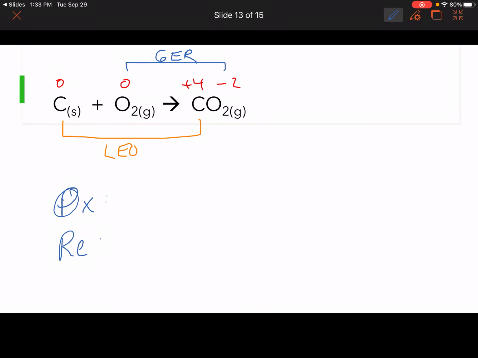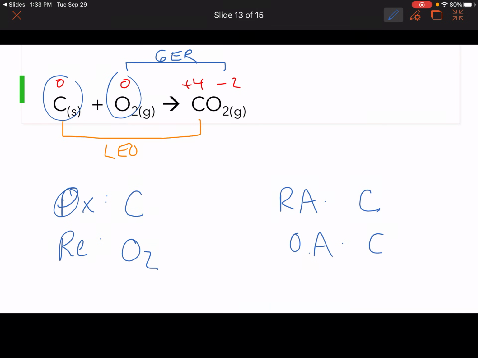What is reduced? Reducing agent, oxidizing agent. So what was oxidized is the carbon. That's here. What was reduced is the oxygen, O2. The reducing agent then is the thing that was oxidized. That's going to be the carbon. Did I say copper last time? I think I did. Anyways, carbon. Oxidizing agent is the thing that was reduced. That's going to be your O2. Make sense?